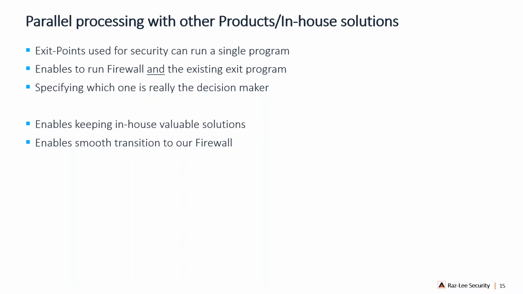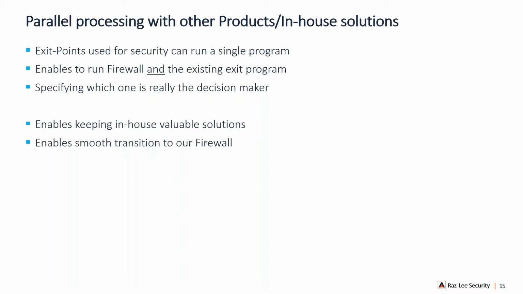So in the beginning, we should just put in firewall, and then later we shall be able to move the decision to the firewall itself. And then the next step will be to stay on with the iSecurity firewall only. So this is a way for a smooth transition towards firewall.